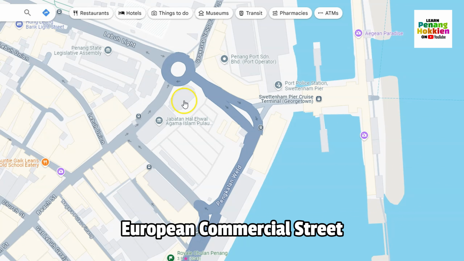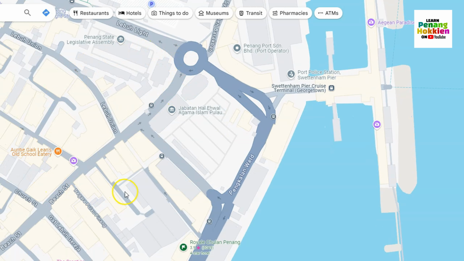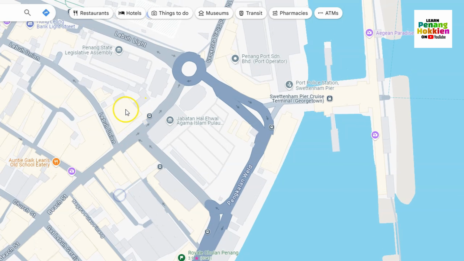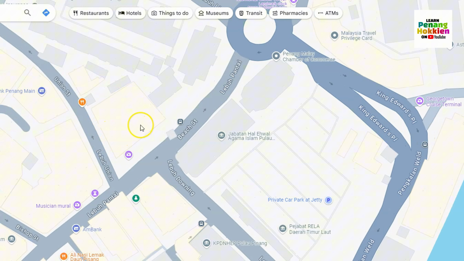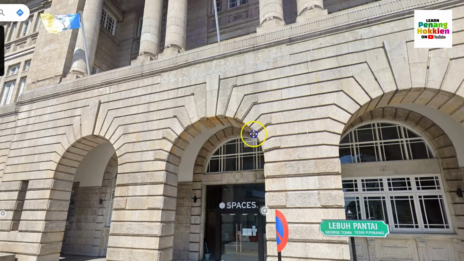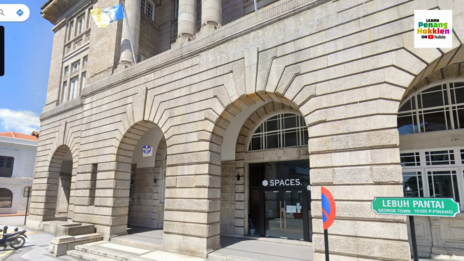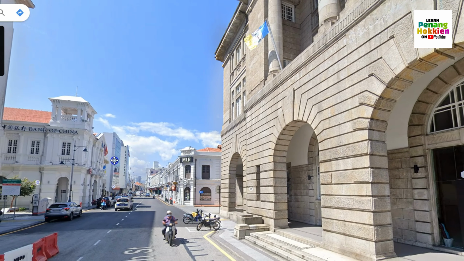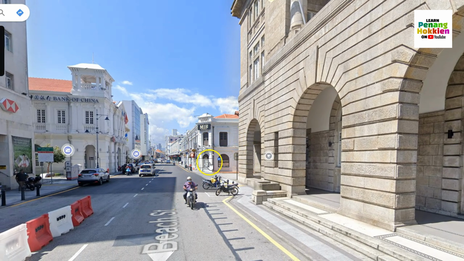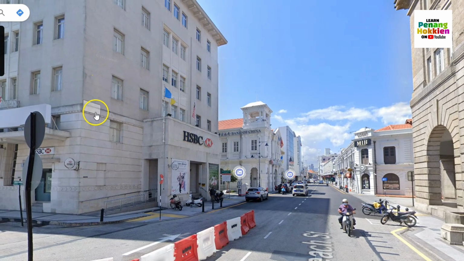And in particular, this part of Beach Strait is all European offices, such as over here we have what was previously, let me show you on Google Street View. Over here in the past it was Standard Chartered, and then across here we have Logan's Building, and then Whiteways, and then over here we have HSBC.